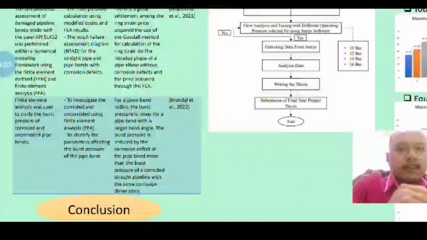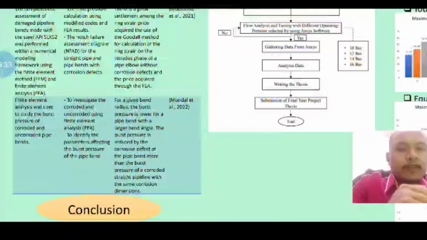Lastly, the third article is finite element analysis used to study the burst pressure of corroded and uncorroded pipe, written by Mondal in 2022. The objective is to investigate the corroded and uncorroded pipe using finite element analysis, and secondly, to identify the parameters affecting the burst pressure of the pipe.